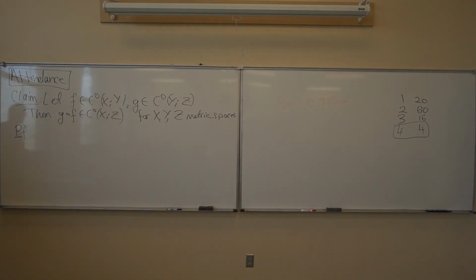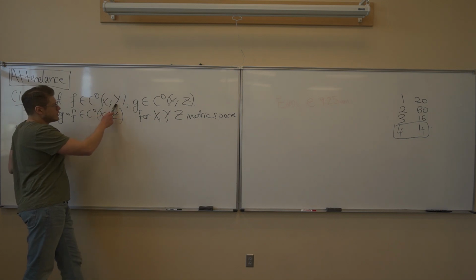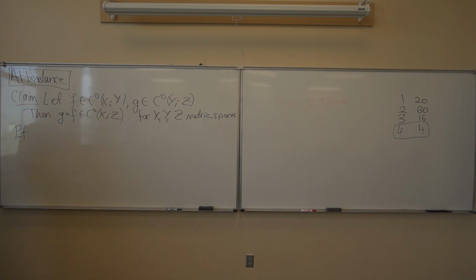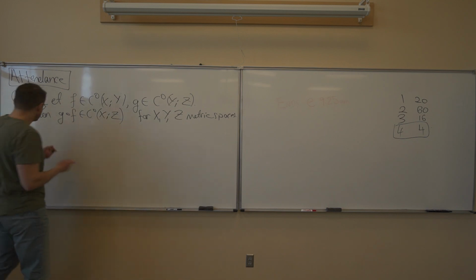It said that f is continuous from x to y if and only if any convergent sequence in x under f transforms into a convergent sequence in y. So to verify that g o f is a continuous function, I can take a convergent sequence in x and see if I can generate a convergent sequence in z using g o f.